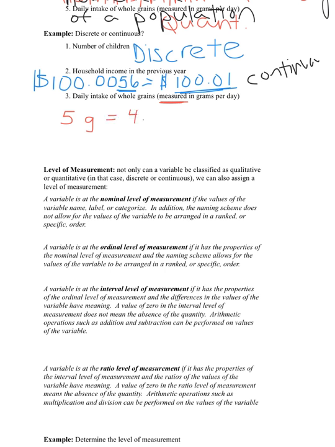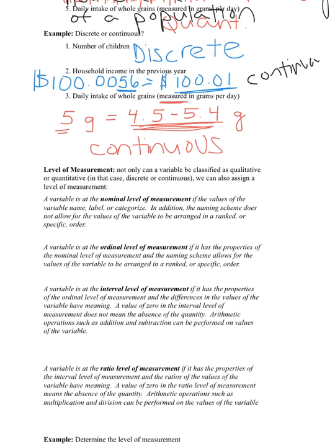It could be anywhere from 4.5 to 5.4 grams. Any weight that falls in this window is going to be rounded to 5 grams. So again, there's infinitely many values in this interval. So we're going to say that this is continuous because it's a measurement. All right.